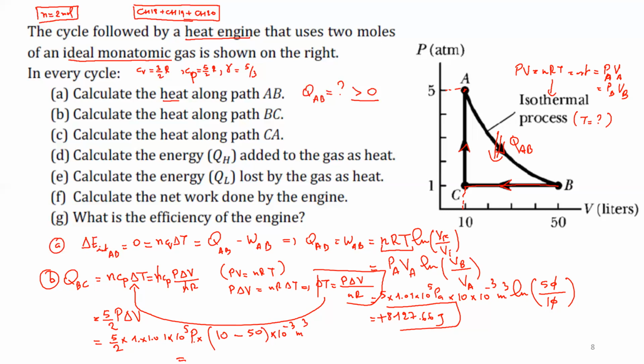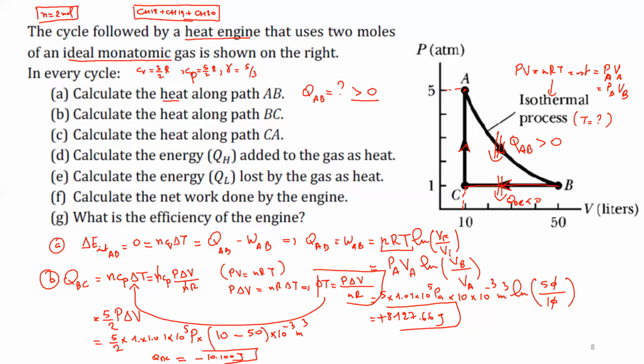If I'm not mistaken, I get 10,100 joule. And you see, this is QBC, and it's negative. During this process BC, heat is released, so it's going out. This means QAB is going in, QBC is negative, it's getting out, QAB is positive.